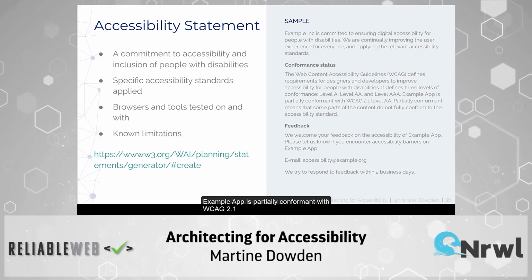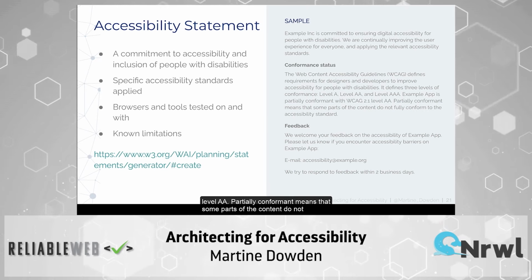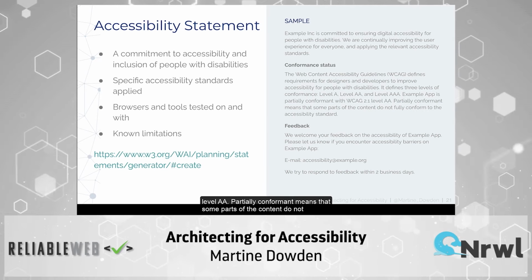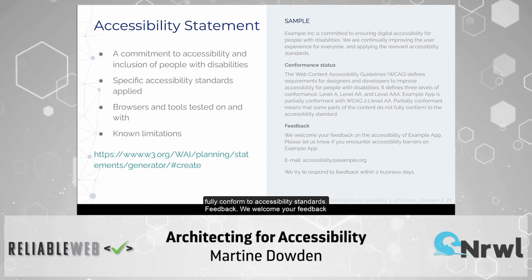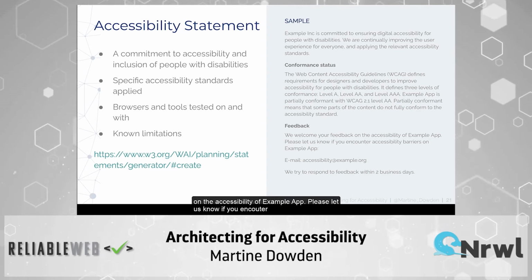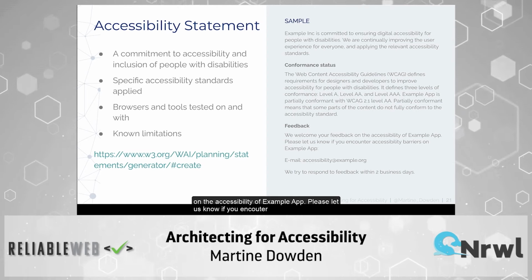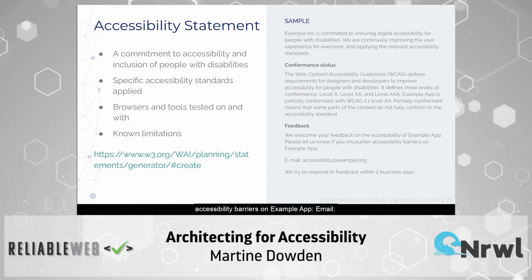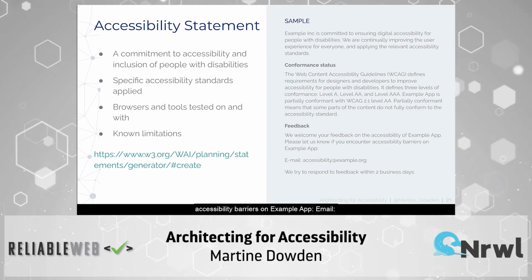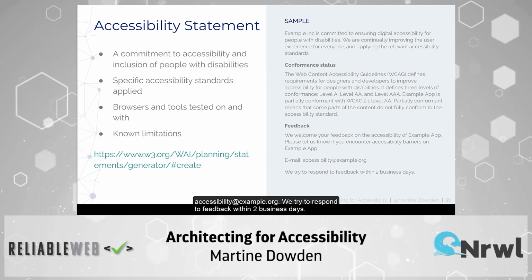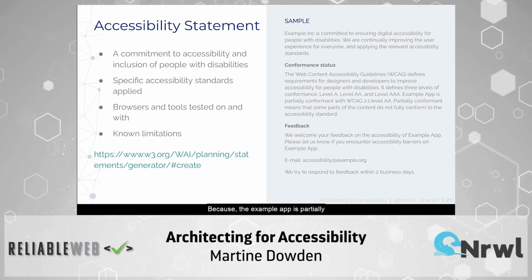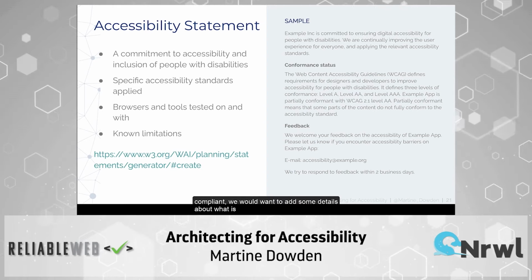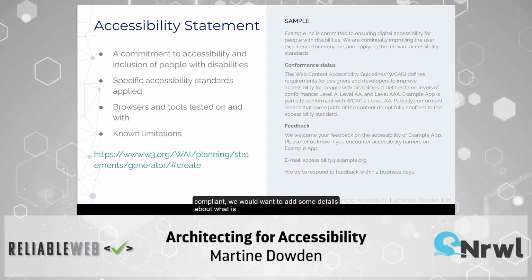Example App is partially conformant with WCAG 2.1, level AA. Partially conformant means that some parts of the content do not fully conform to accessibility standards. Feedback: we welcome your feedback on the accessibility of Example App. Please let us know if you encounter accessibility barriers on Example App. Email accessibility@example.org. We try to respond within 2 business days. Because Example App is partially compliant, we would want to add some details about what is and what is not.